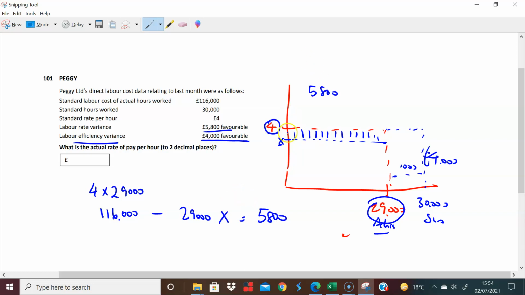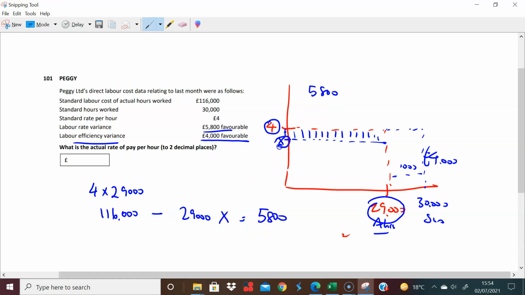Or you could say 4 minus x, times 29,000, is equal to 5,800. Exactly the same thing. It doesn't matter. The point is we just need to find what x is.